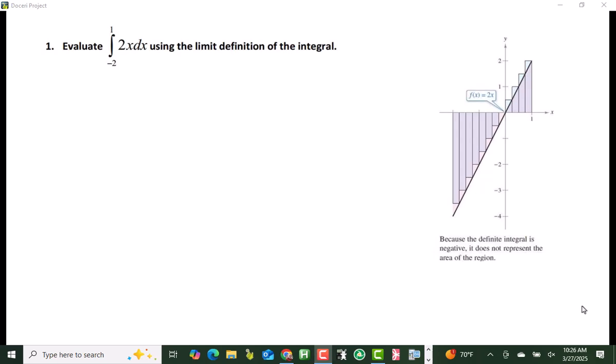Really fast. But we're having to use the definition here. So first thing I do, I'm saying I'm going from negative 2 to 1, so I subtract 1, take away negative 2, and our delta x is 3 over n again. Nothing special about that, it just worked out that way.